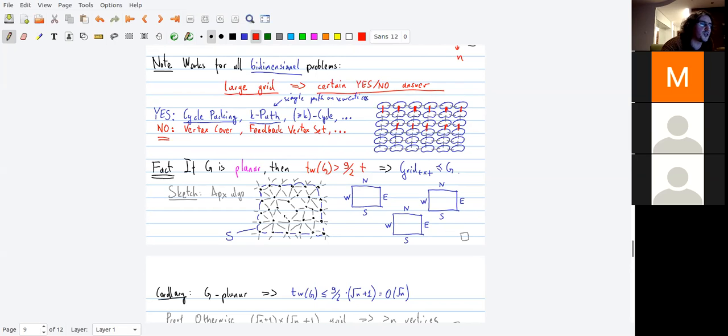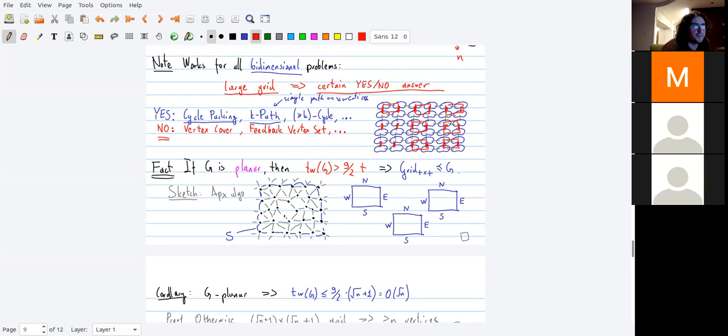And exposing a matching of size larger than k tells me that my vertex cover instance is actually a no instance, because I would need one vertex to cover each of those edges. Similarly for feedback vertex set, I can expose those cycles like in cycle packing. So if I'm solving feedback vertex set, I can immediately say that if there is a large grid, then the answer is no, because I would need to hit each of these cycles separately.